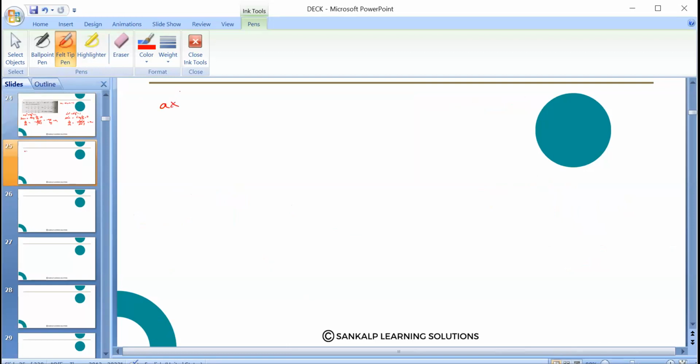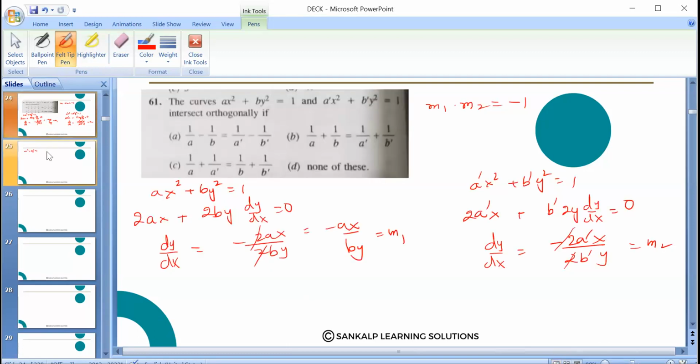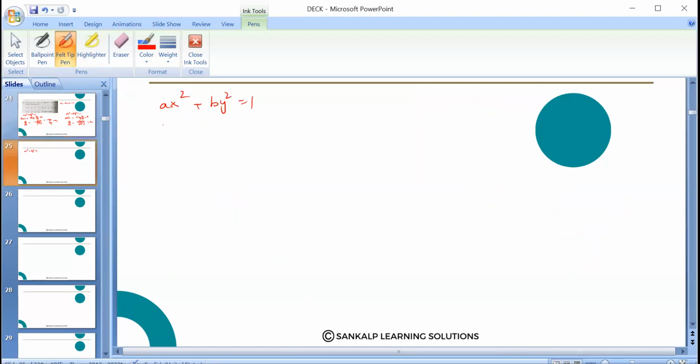You have to take ax square plus by square equal to 1, the first equation, and a dash x square plus b dash y square equal to 1.